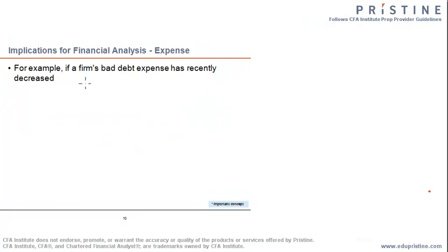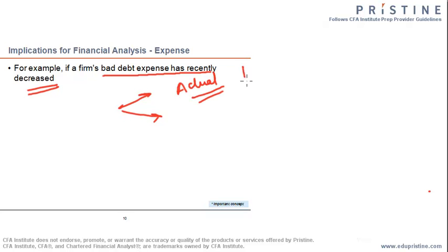Let us take a live example whereby a firm has announced that their bad debt expense has recently decreased. This is the announcement made by a firm, or an observation from their annual accounts. Now what does it mean? There could be two reasons for the expense to decrease. Number one, either the actual recovery has strengthened because of which bad debt has gone down, or the bad debt expense without any reason has been reduced so that the earnings could go up.